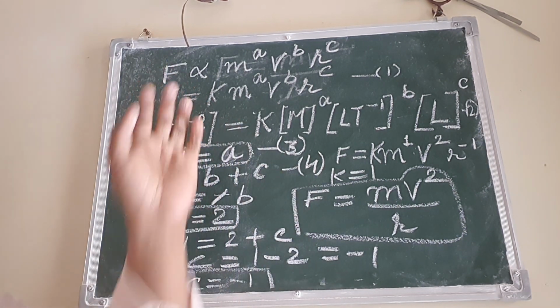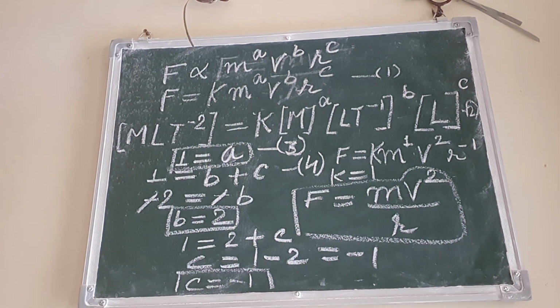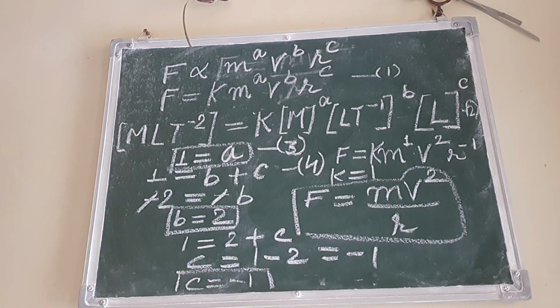For proportionality, we are taking constant k, so f is equal to k m raised to power a, v raised to power b, r raised to power c. This is our first equation. I think you all might have understood this much. Now we are writing the formulas of each parameter on both sides in terms of dimensions.